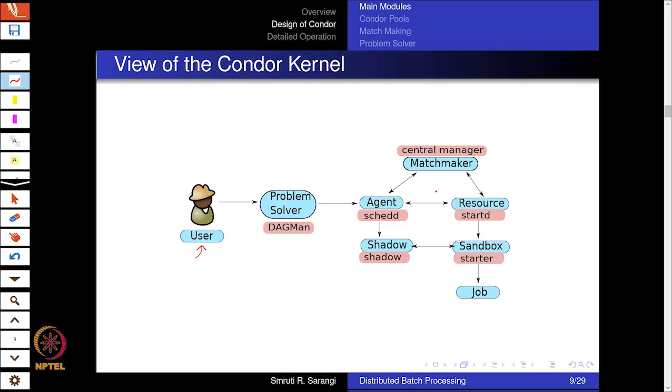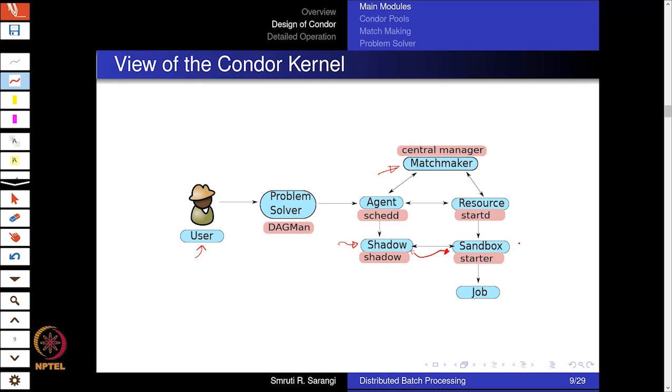Once a job gets the kind of resource that it requires from the Condor system with the help of the matchmaker, the agent starts a process called a shadow. The job of the shadow is to help the sandbox on the resource run the job. We'll discuss in detail later how the shadow and the sandbox talk to each other and collaborate. Then the job runs on the sandbox on the resource.